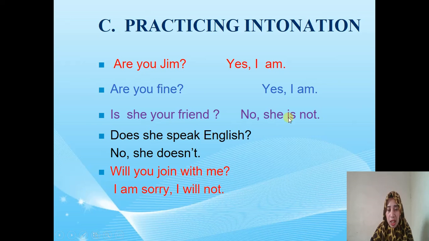No, she is not is falling intonation. Why?